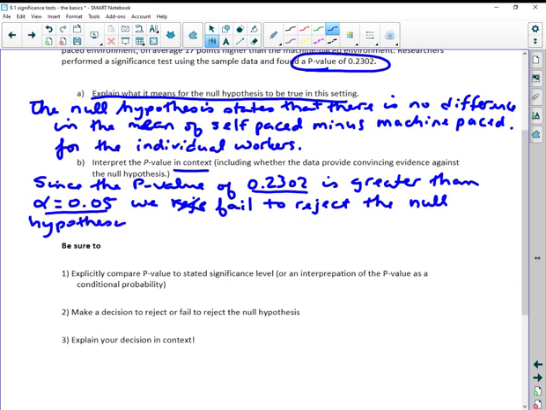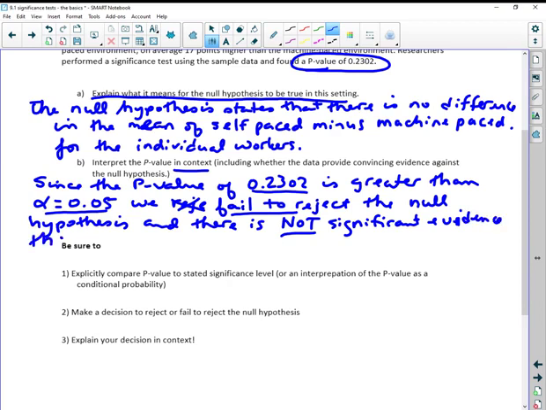That is a close one. And because I failed to reject, there is not significant evidence that there is a difference between machine and self-paced working.